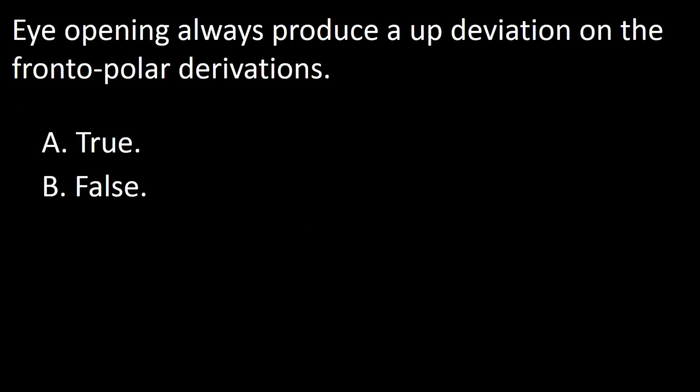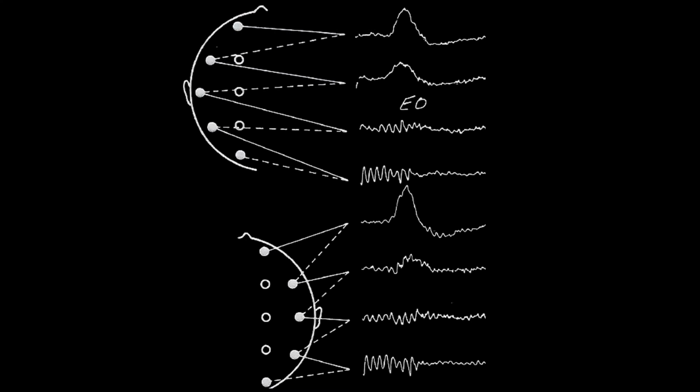Next question. Eye opening always produces an up deviation on the frontopolar derivation. A true, B false. In the classic description, which I am showing you in this frame, eye opening is characterized by an up deflection in the frontal leads and a cessation of alpha activity in the occipital leads.